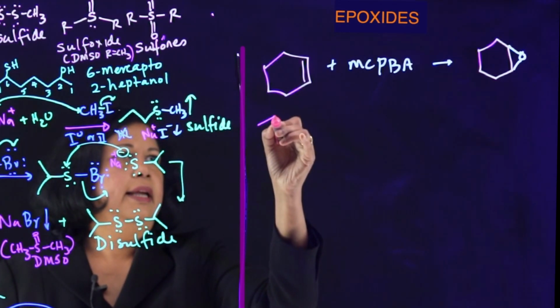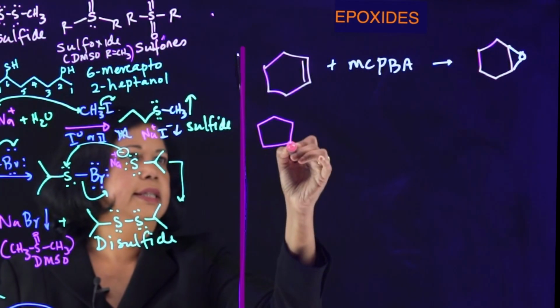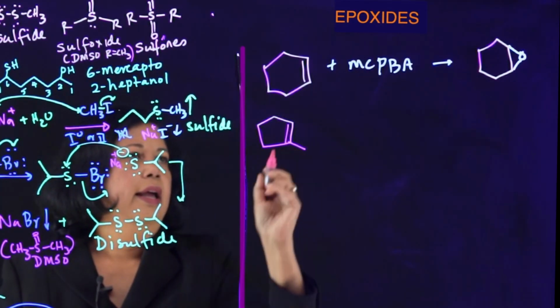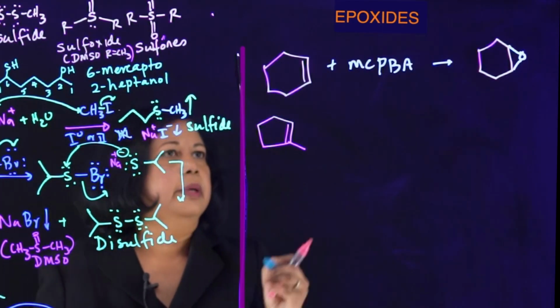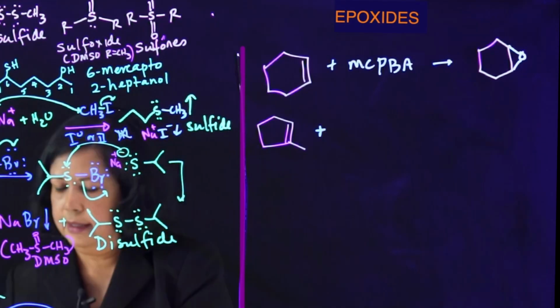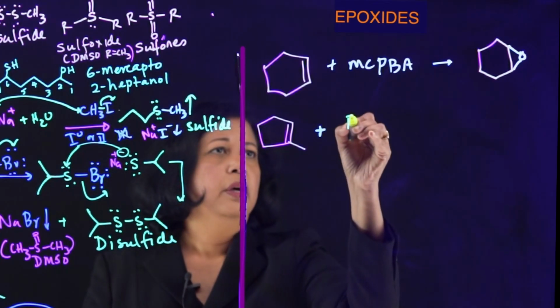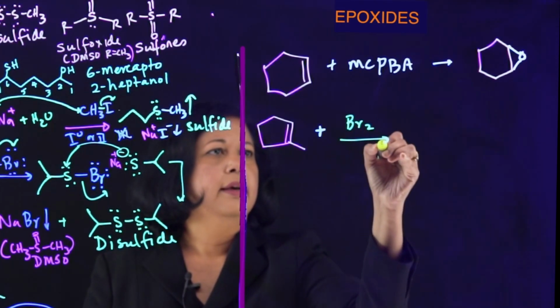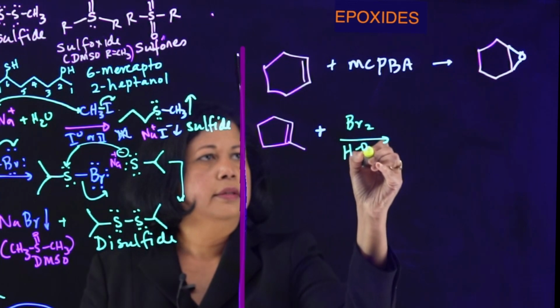You can take an alkene, and let's say I take this alkene, and here you can do an addition and elimination. And this is something you've already done before. Bromine in water.